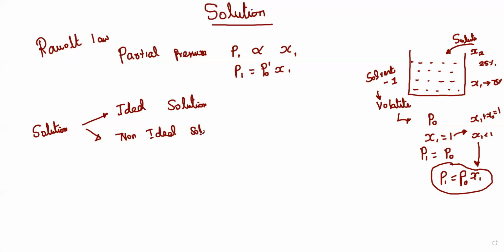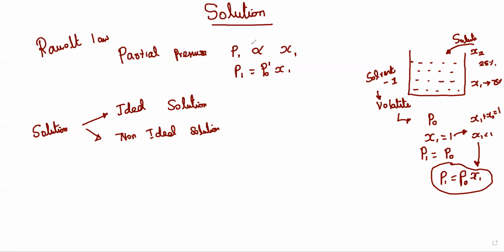In real time we can't get a 100% ideal solution, but if a solution obeys Raoult's law throughout its entire range of concentration, then we can name it an ideal solution.